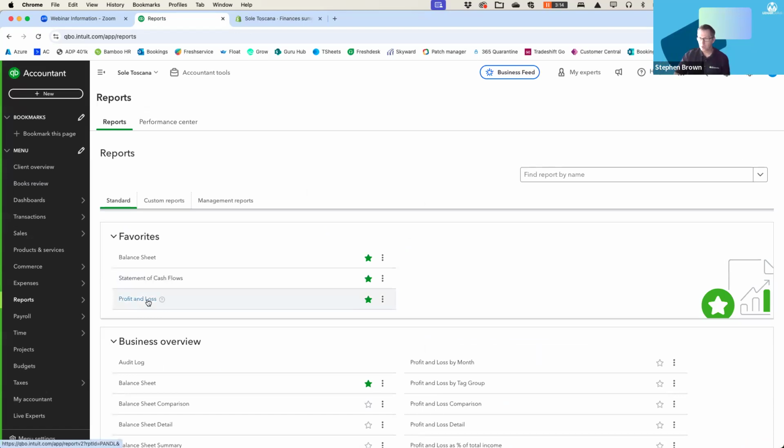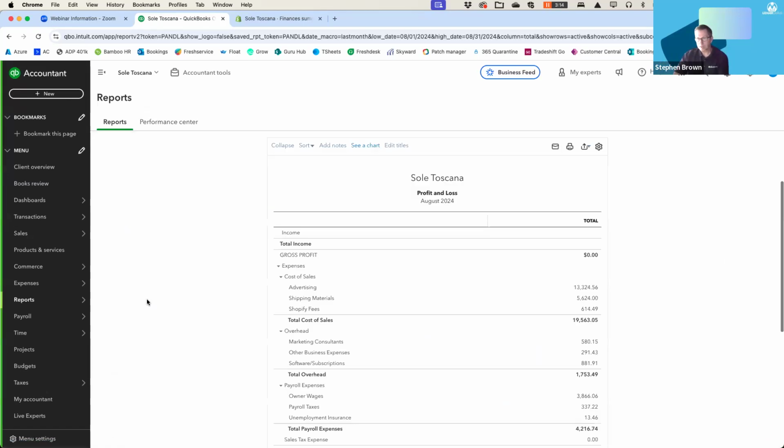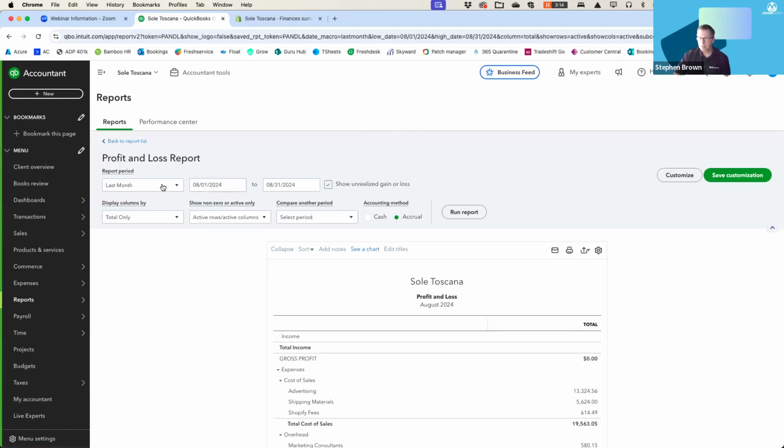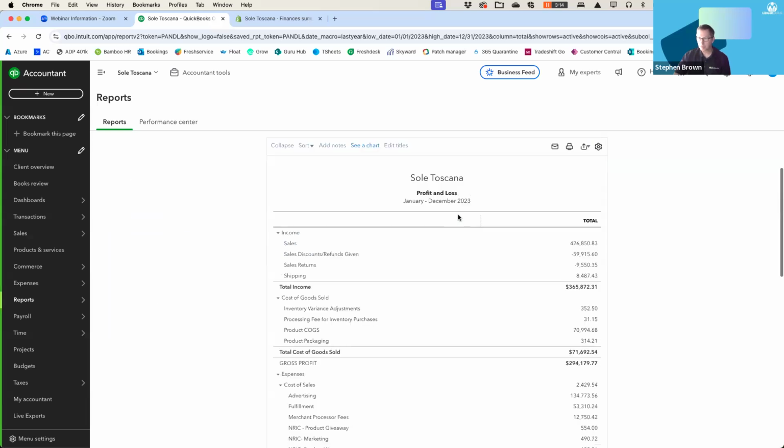So most people spend a lot of time on the profit and loss. And let me show you, we're going to go much deeper later, but on the profit and loss, you've probably looked at one, I have my income, I have my cost of goods sold. This is all accrual based.